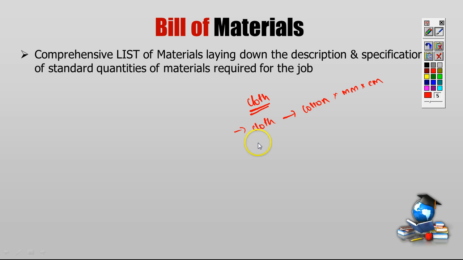Then other items, like if you want to have shirts you need to have buttons, or you have to have some other printing material. If you have a chudidar, you have to have some printing material, so those kind of printing materials. Then any other materials that you require, and so on and so forth.